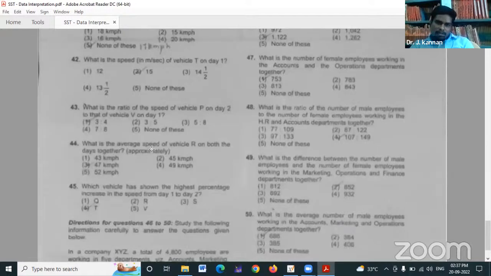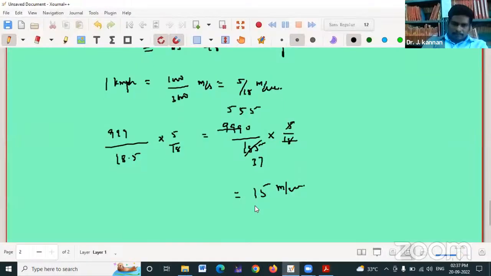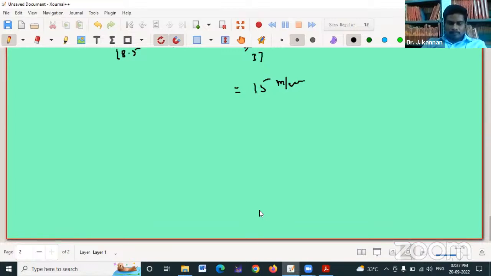And the third question, what is the ratio of speed of vehicle P on day 2 to that of vehicle B on day 1? So how to find it? We need the speed of vehicle P on day 2 and vehicle B on day 1. Now again, distance by time.